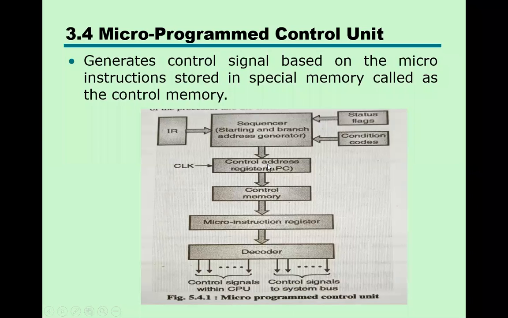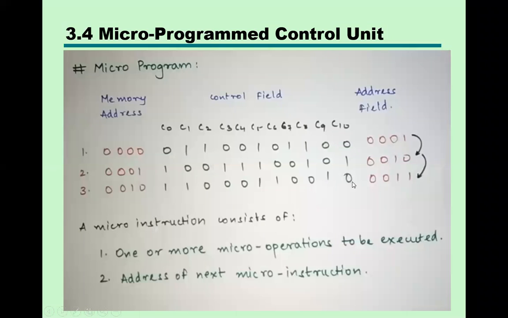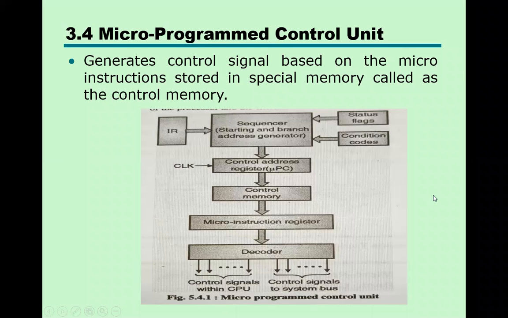Now the next part is the control address register, right? Here we have seen this is the address field. The control address register selects one of the locations in the control memory having a corresponding control signal.